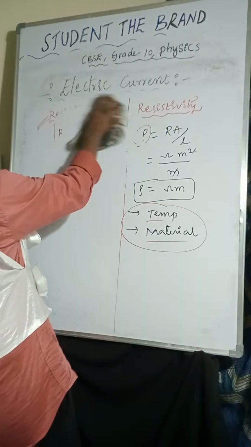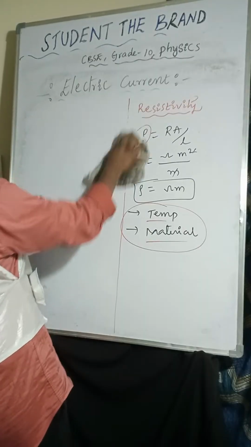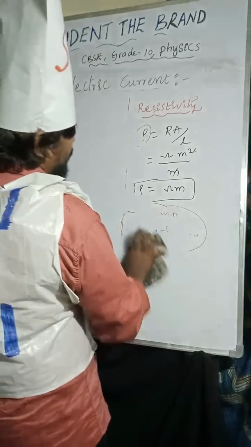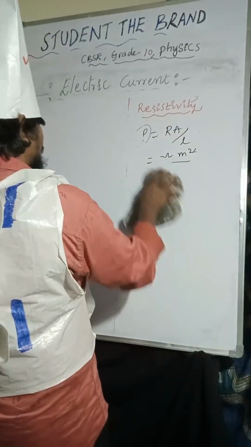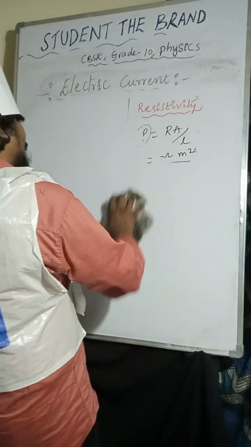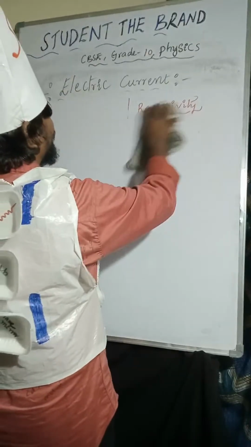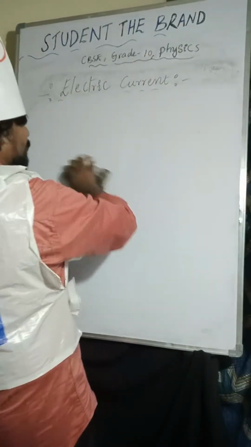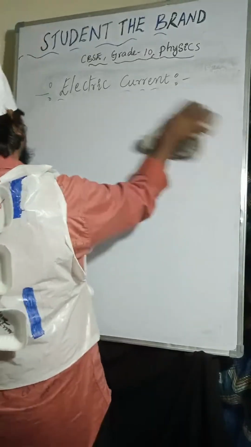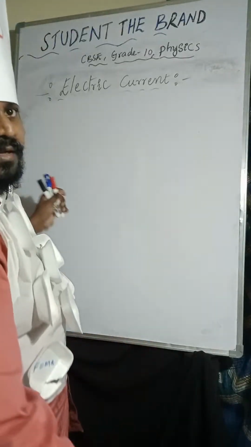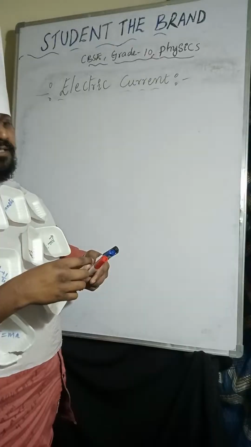resistors connected in series combination and resistors connected in parallel combination. Resistors are connected in series combination.